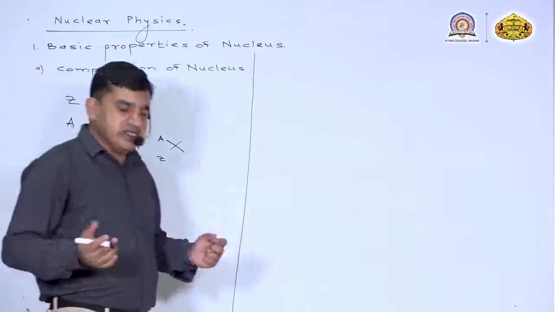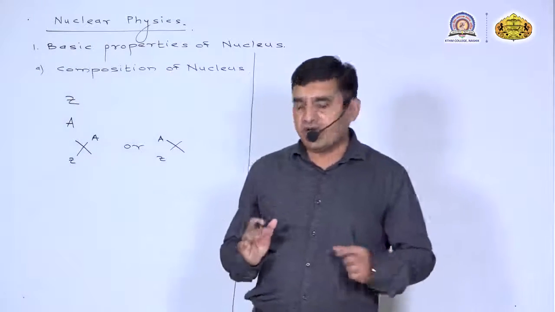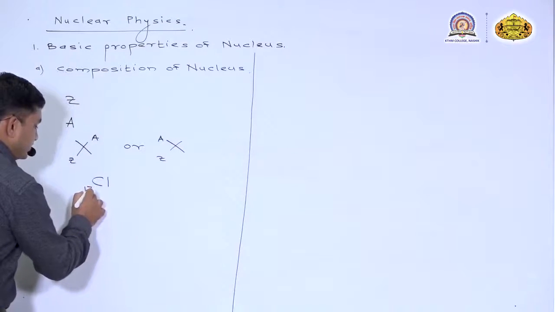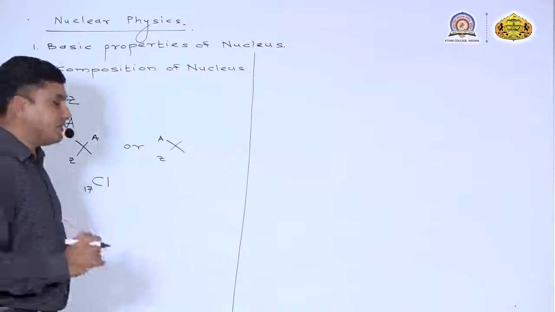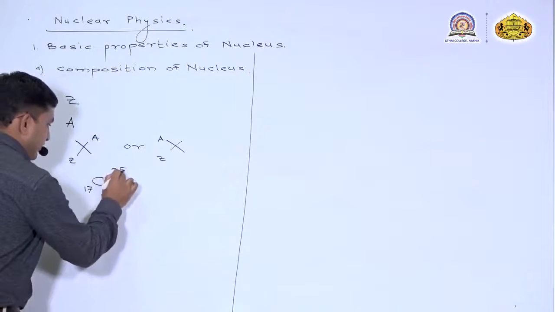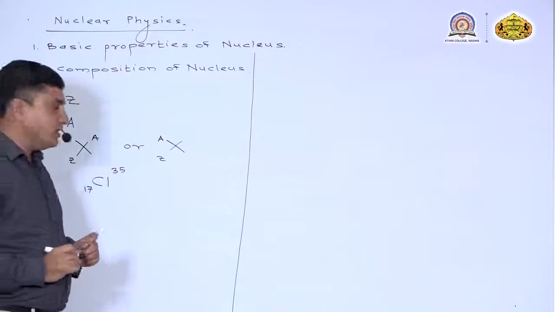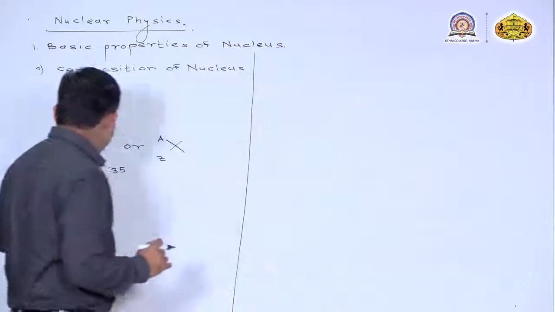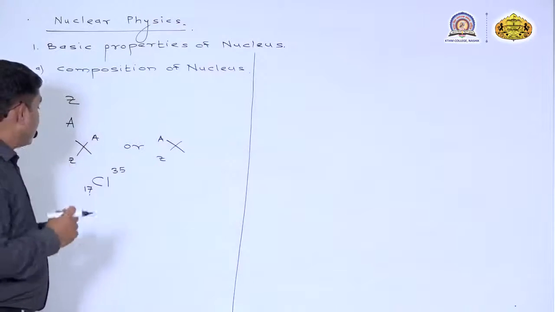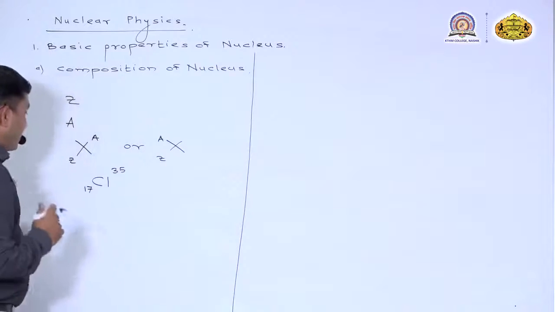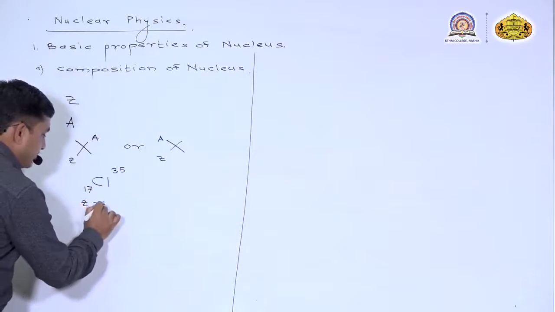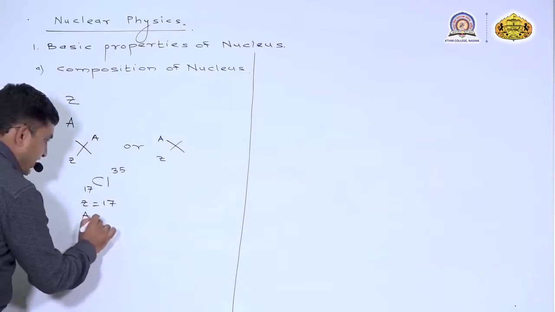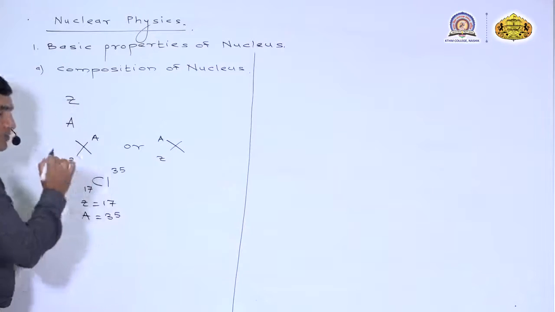For example, if we consider chlorine, the atomic number of chlorine is 17 and the mass number is 35. Therefore Z is equal to 17 and mass number A is equal to 35.